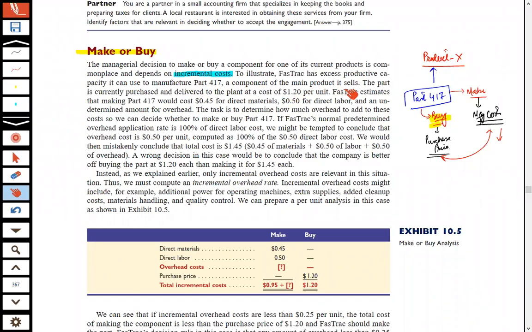The part is currently purchased and delivered to the plant at a cost of $1.2 per unit. Fast Track estimates that making 417 would cost 0.45 for direct material. Now costs are coming.